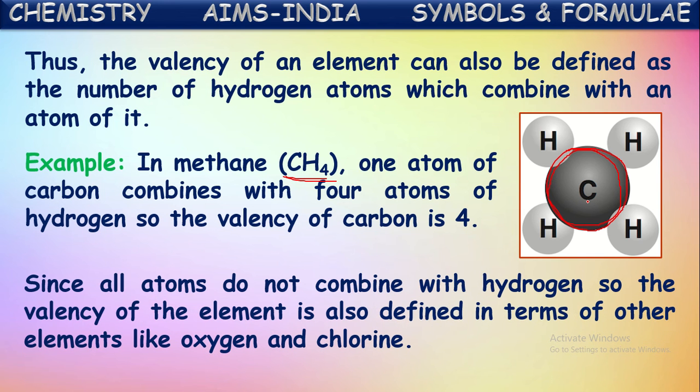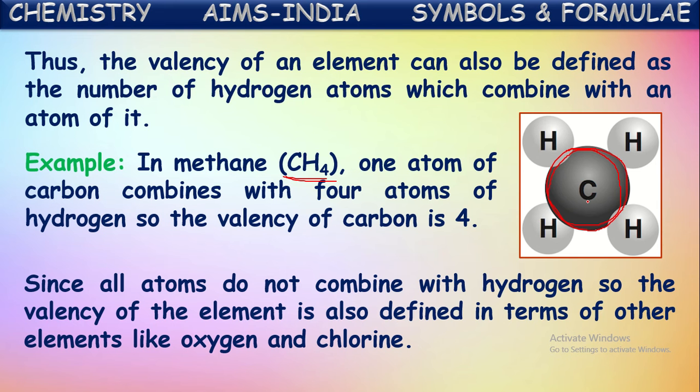Since all the atoms do not combine with hydrogen, the valency of elements is also defined in terms of other elements like oxygen and chlorine. As we have seen in the methane molecule, the valency we got was 4. But most of the elements may not react with hydrogen.